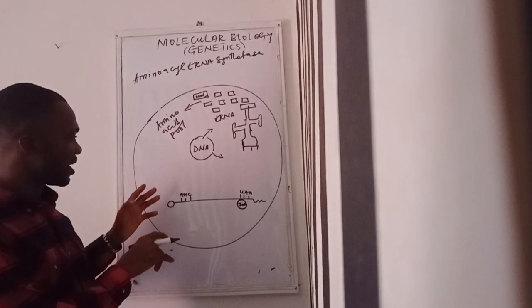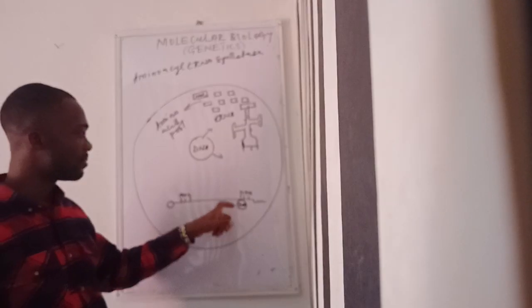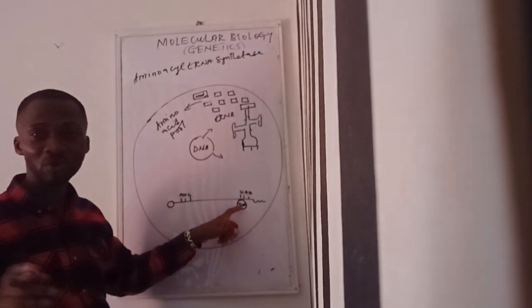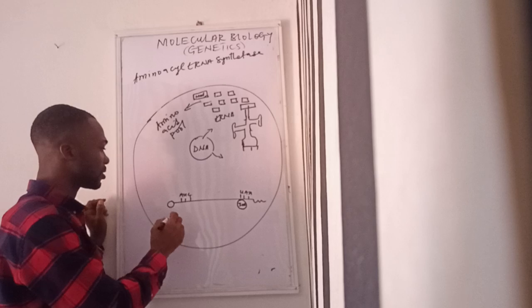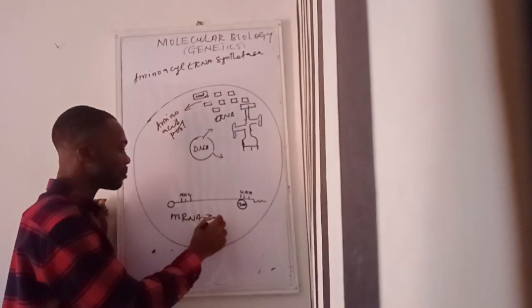There are so many complexes that will be formed here. The messenger RNA and the small subunit of the ribosome first form a complex called the messenger RNA 30S complex.